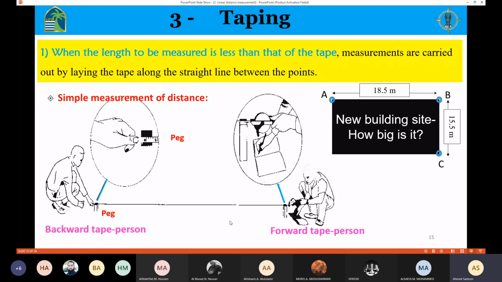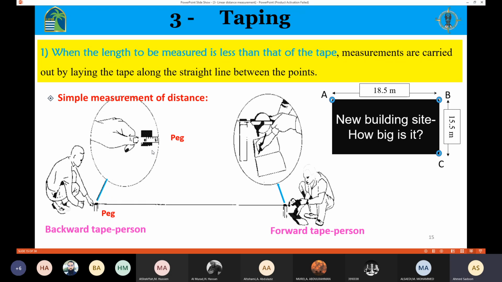I need at least a minimum of 2 persons. I need to have a backward tape person and a forward tape person. One is going to be located at point A, and the other is going to be located at point B. Then the tape is going to be laid down along the straight line between point A and point B. The backward tape person is going to hold the tape here at 0.